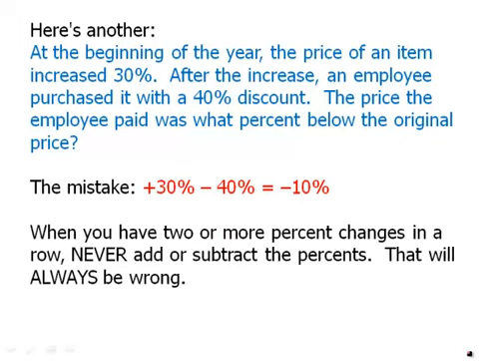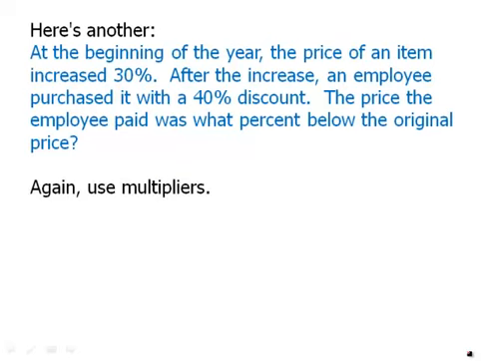Whenever you have 2 or more percent changes in a row, never add or subtract the percents. That will always be wrong. You never want to add or subtract percent increases and decreases. Instead, what do we do? Of course, we use multipliers. We always use multipliers for percent increases and decreases. So a 30% increase, that's a 1.3 multiplier.